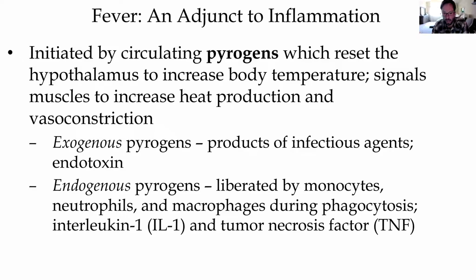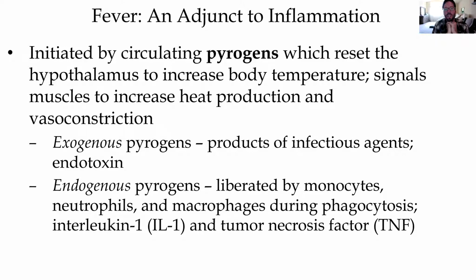Okay, so the monocytes. And remember, monocytes, those are what? Do they come from myeloid or lymphoid cells? Monocytes on that lineage. Are these proteins or what? The pyrogens?